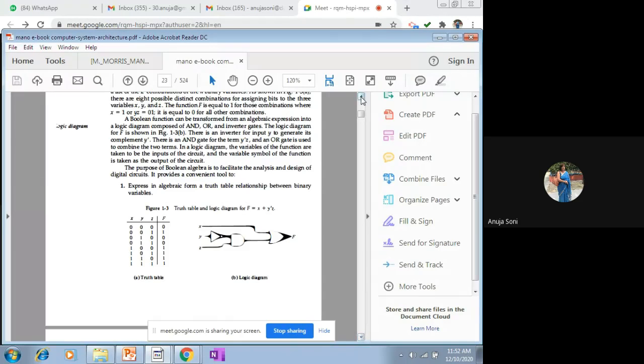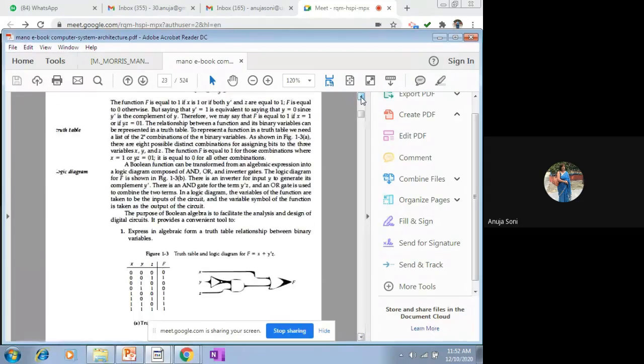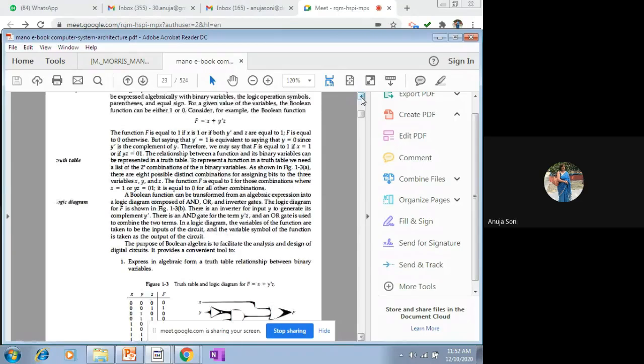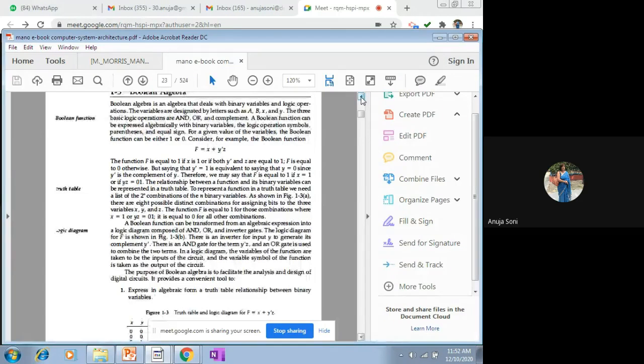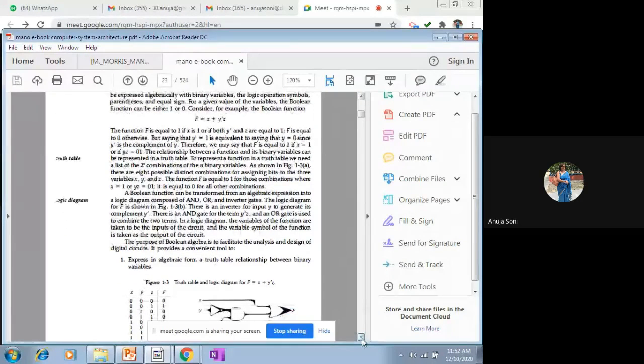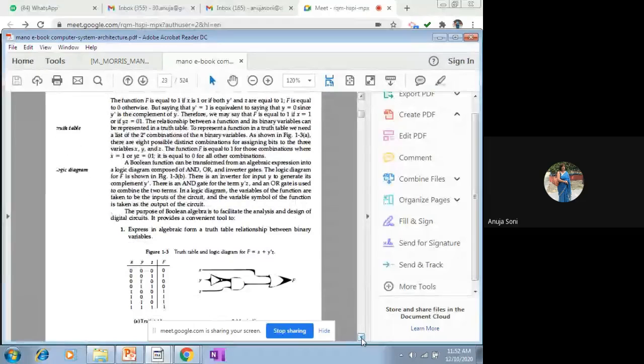Always in this chapter, we focus on the simplification of the Boolean expression, and there are two methods to simplify it. What is the significance? I already have explained it. The more we simplify the Boolean expression, the fewer logic gates are required in drawing the logic circuit diagram.